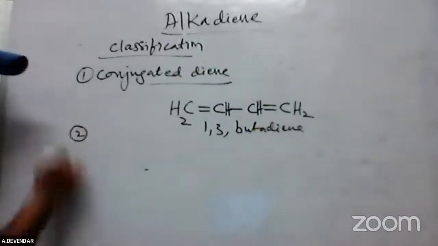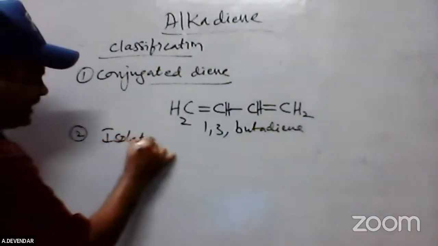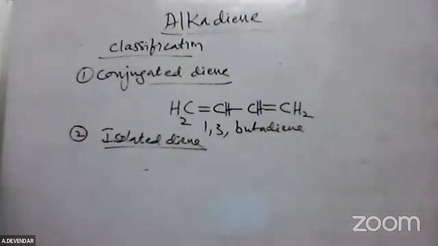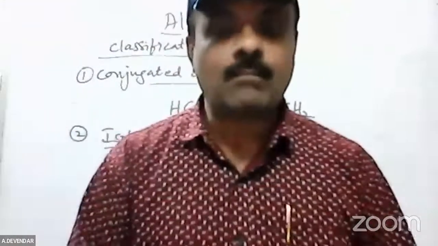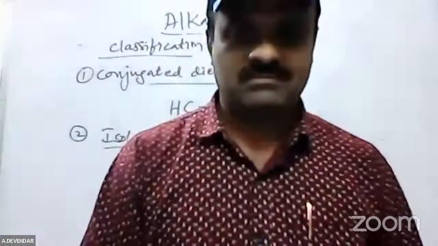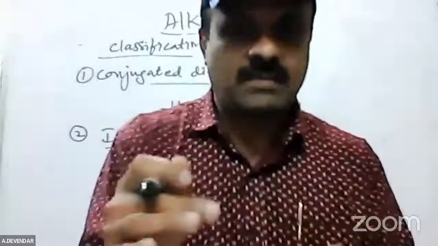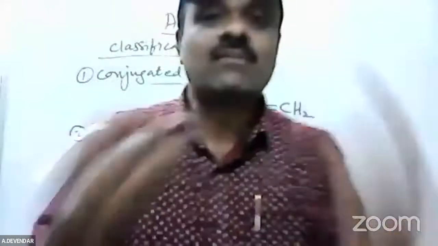Next is the isolated diene. This classification is also asked for 5 marks. Isolated diene means the double bonds are separated by more than one single bond. Previously only one single bond separated them, but here there is more than one single bond.